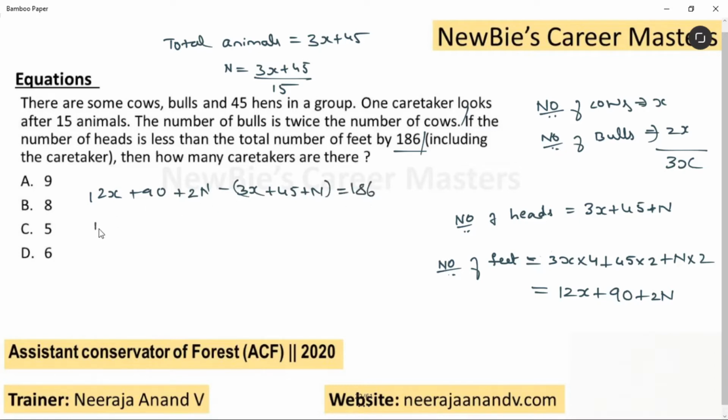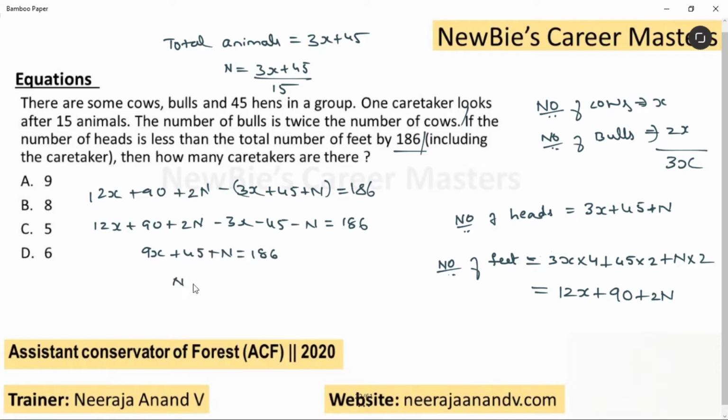Simplify this. 12x plus 90 plus 2n minus 3x minus 45 minus n is equal to 186. We get 9x plus 45 plus n is equal to 186.